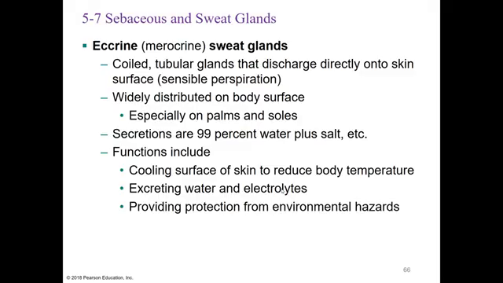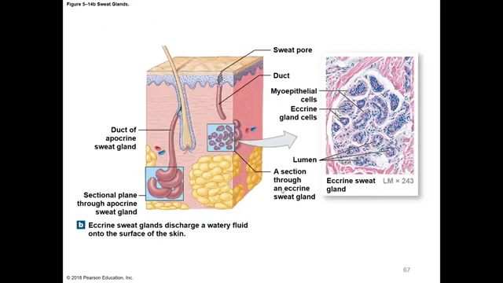So if you get some kind of chemical on your skin or any kind of toxin on your skin, sweat can help to dilute it so it's not as dangerous. So that's what we mean by protection from environmental hazards. So here is the merocrine or eccrine sweat gland that releases the non-smelly sweat onto the surface of the skin.